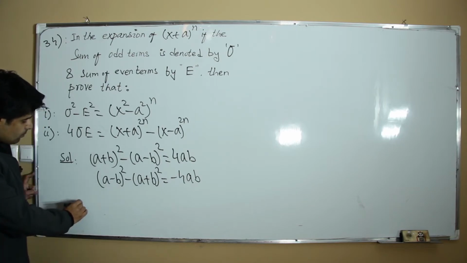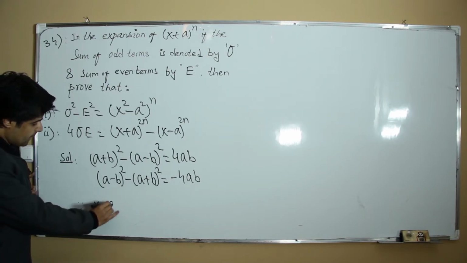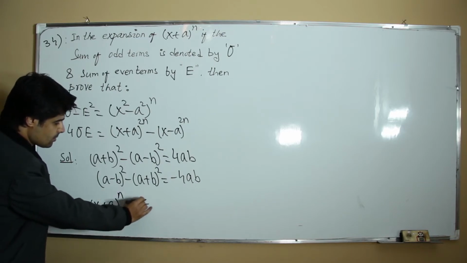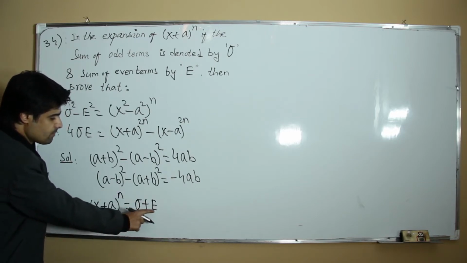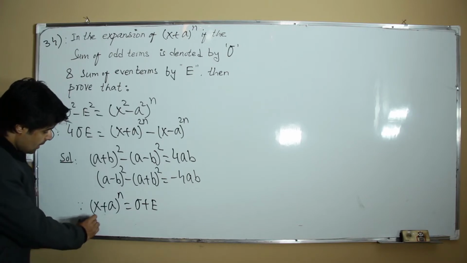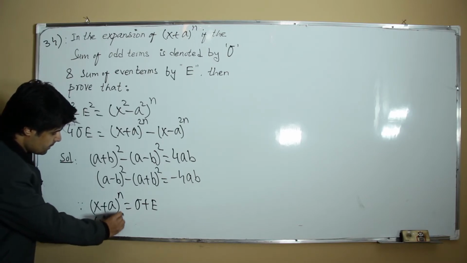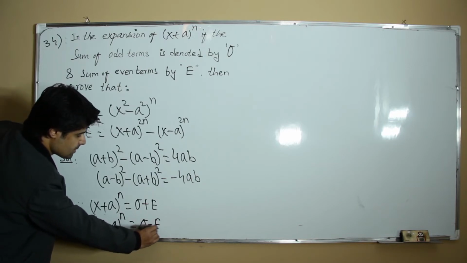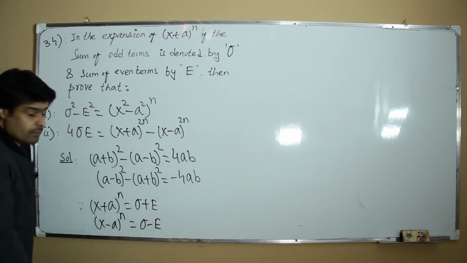And you know that (x + a) raised to the power n is consisted of odd terms plus even terms, and (x − a) raised to the power n is consisted of odd terms minus even terms. Am I right? Yes.